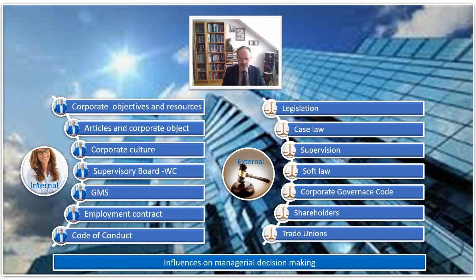If you look at this last slide, you will come to the conclusion that your managerial decision making is subject to many influences, and for many a decision, if you are a CEO or a member of a board, it is unavoidable to consult your lawyers in the company or an external law firm to make sure that you can take the decision and to make sure that you will not be liable for your decisions.